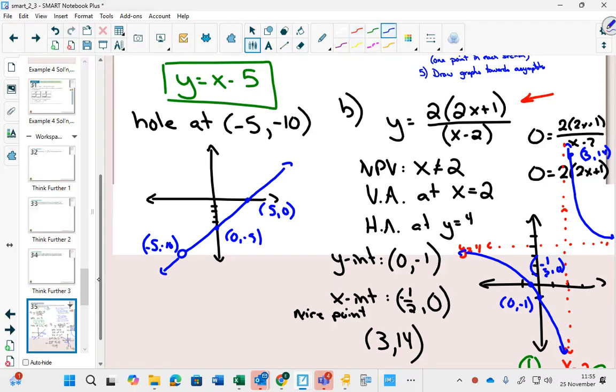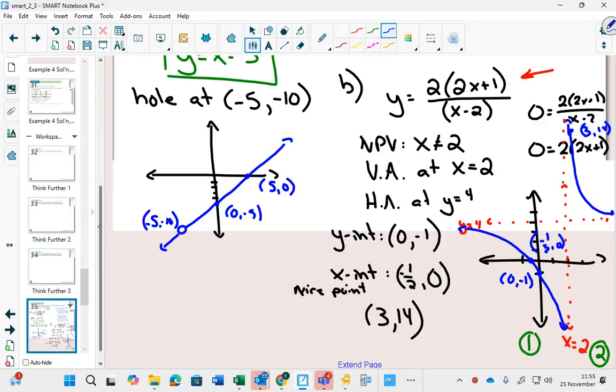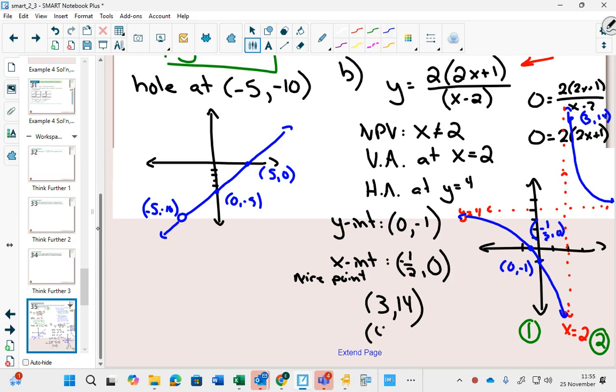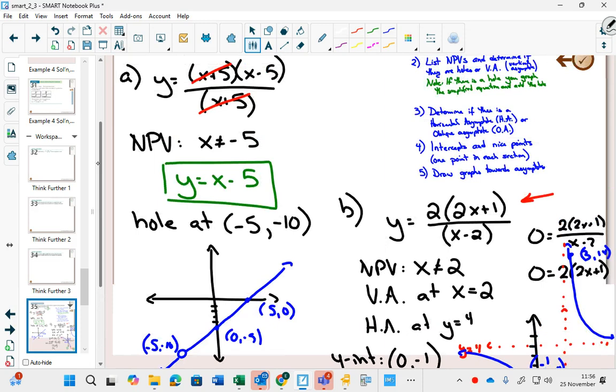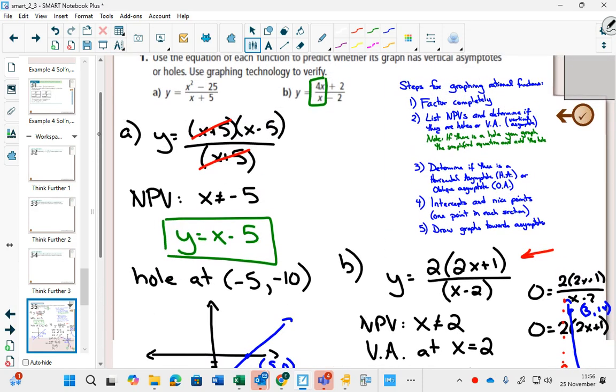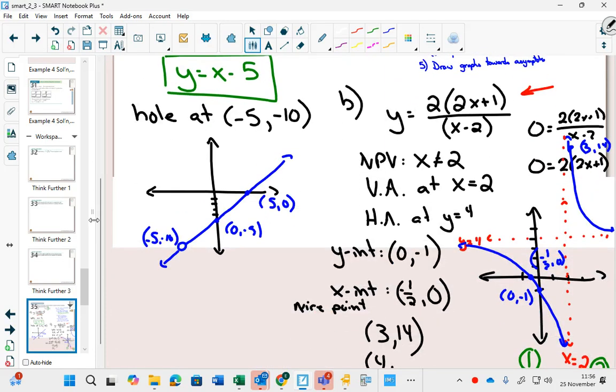Someone might say, well, maybe because (3, 14) was really high, maybe I would choose 4 for my nice point. If you plugged in 4, what would you get on the top? You would get 16, 18 divided by 2, you get (4, 9). That's a little bit nicer, isn't it? (4, 9).